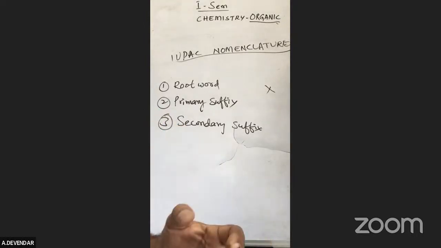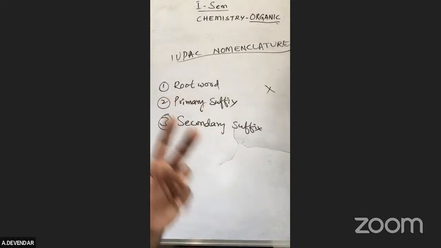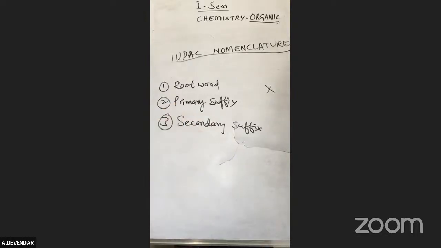One is meth, eth, prop, but, pent, hex, hept, oct, non, dec. Ten means dec. That is called the root word. I hope you understand: root word indicates the number of carbon atoms.